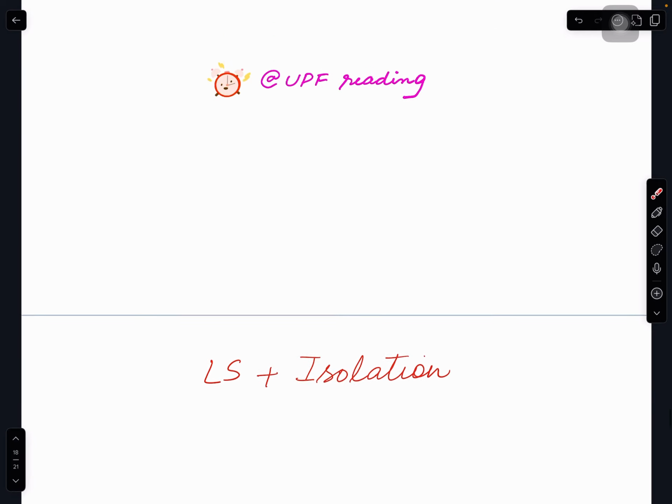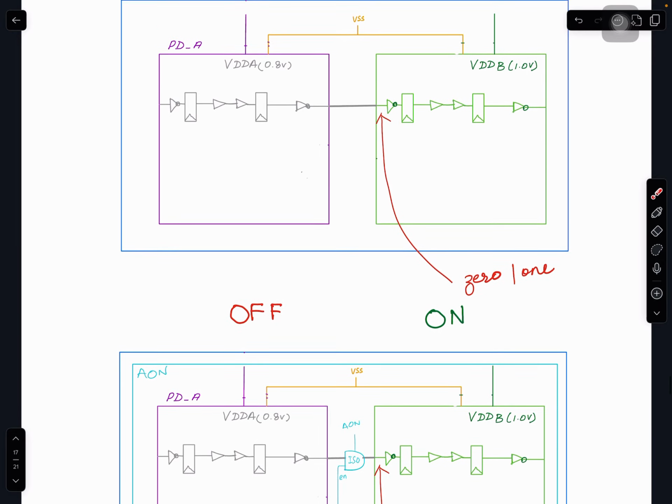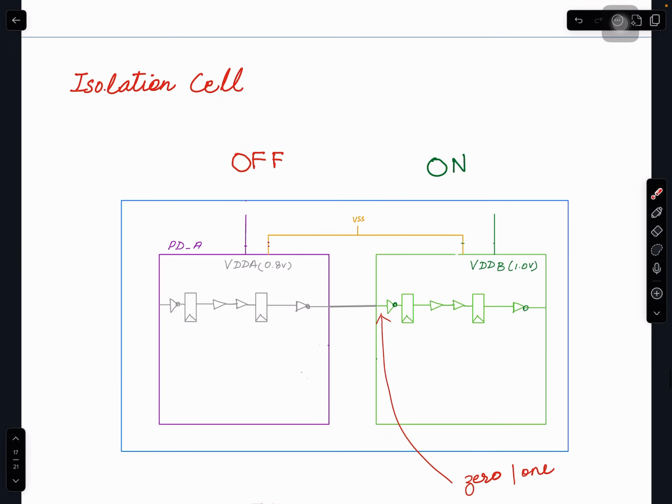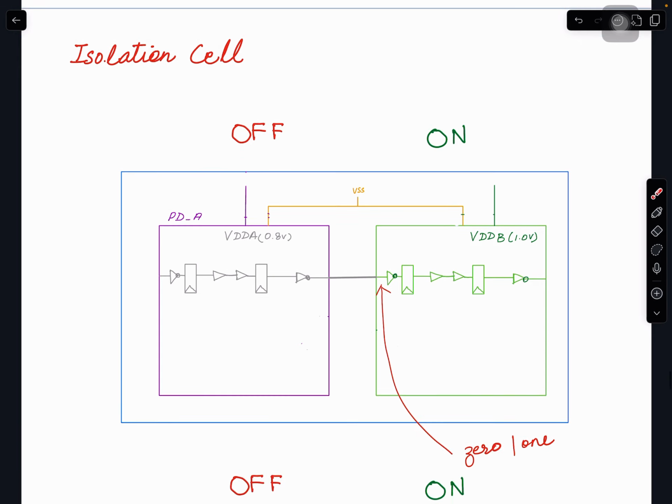So today's topic, oh, I put that slide in the wrong place. But anyway, I already explained the level shifter. When you have one power domain, let's say here in this case, I think we have been using 0.6 volt, and another one is at 1 volt, then these are two different voltage levels.